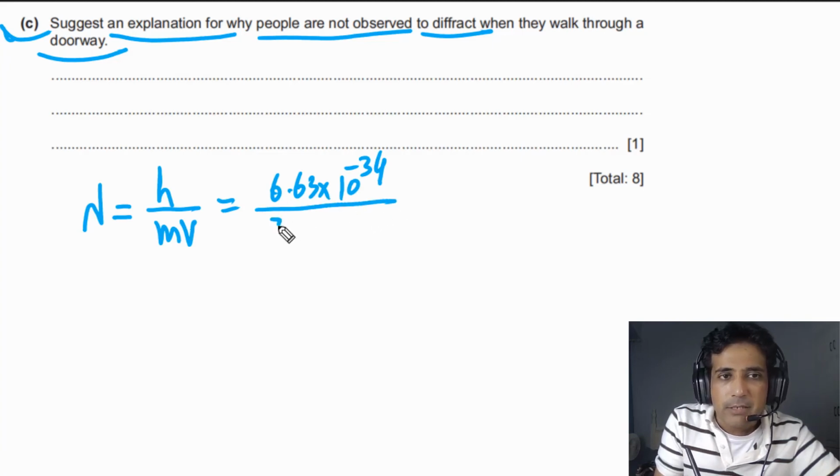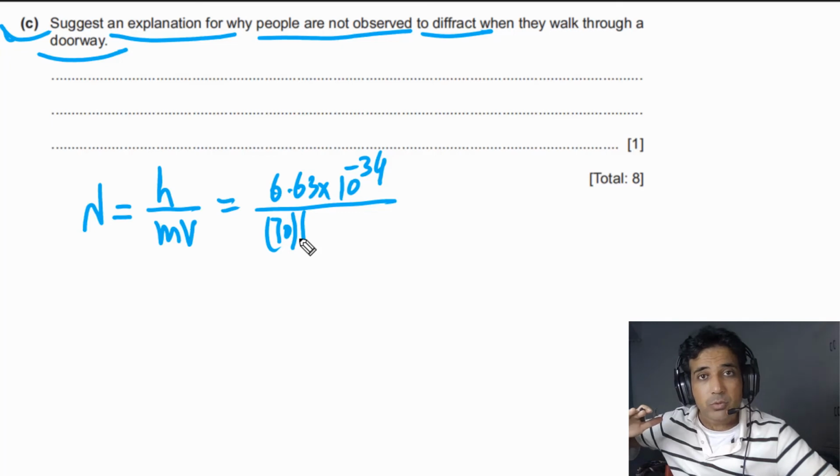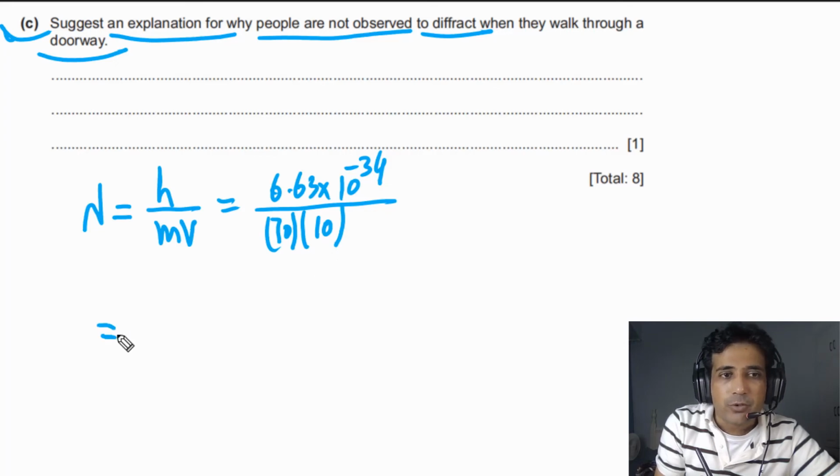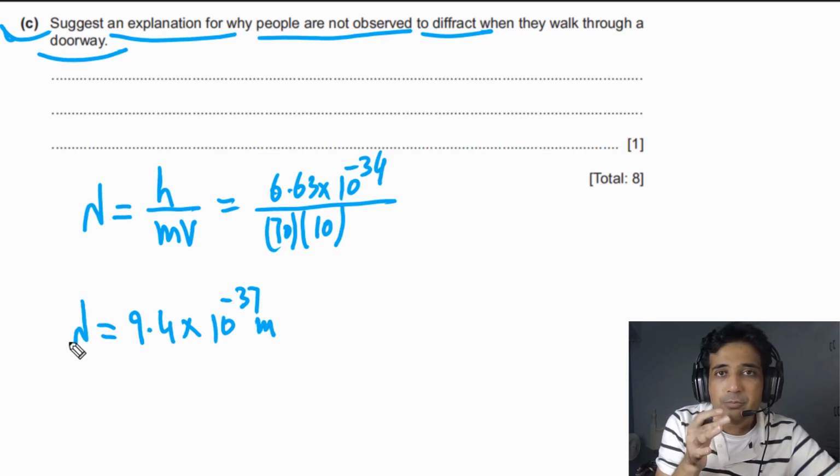Let's say the mass of a person is 70 kilograms and the person is running through the door. So the maximum speed can be 10 meters per second. Now if we solve this one, we can calculate the value of lambda. Lambda in this case will be equal to 9.4 times 10 to the negative 37 meters. So this is the value of the de Broglie wavelength.